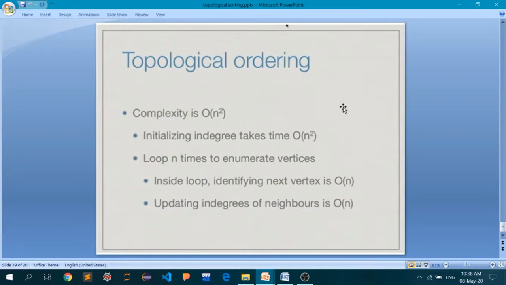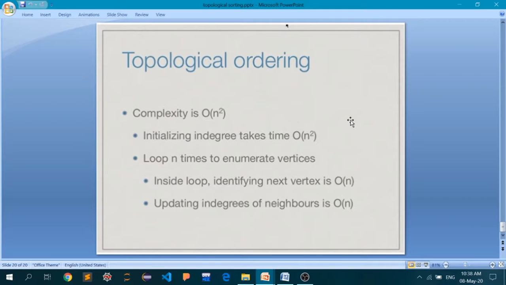Okay. Now the last topic in this topological ordering is the complexity. As you can easily see, first we have to calculate the degree of each and every vertex. So the order will be O(n), and for every step after the deletion of a particular vertex, we have to go through each and every remaining vertex again to recalculate their degrees.